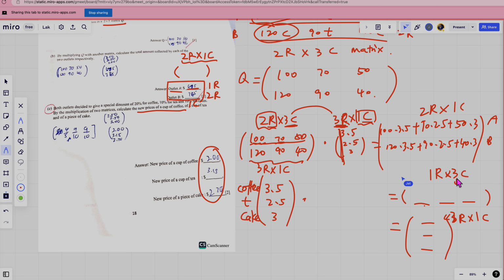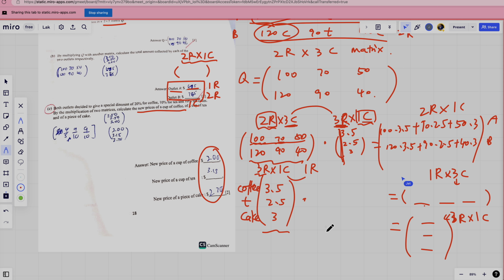How do we get 1 row by 3 column? If we use this one in front, there's no way we can get the 1 row by 3 column, because you start with the 3 row. If we want to get 3 row times 1 column, we need to have a 1 row, right?